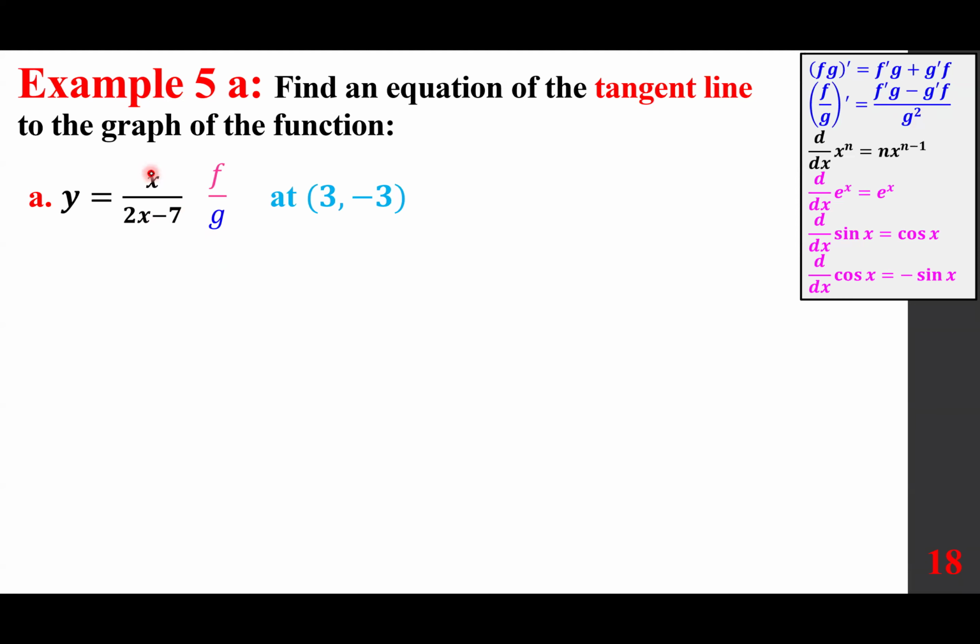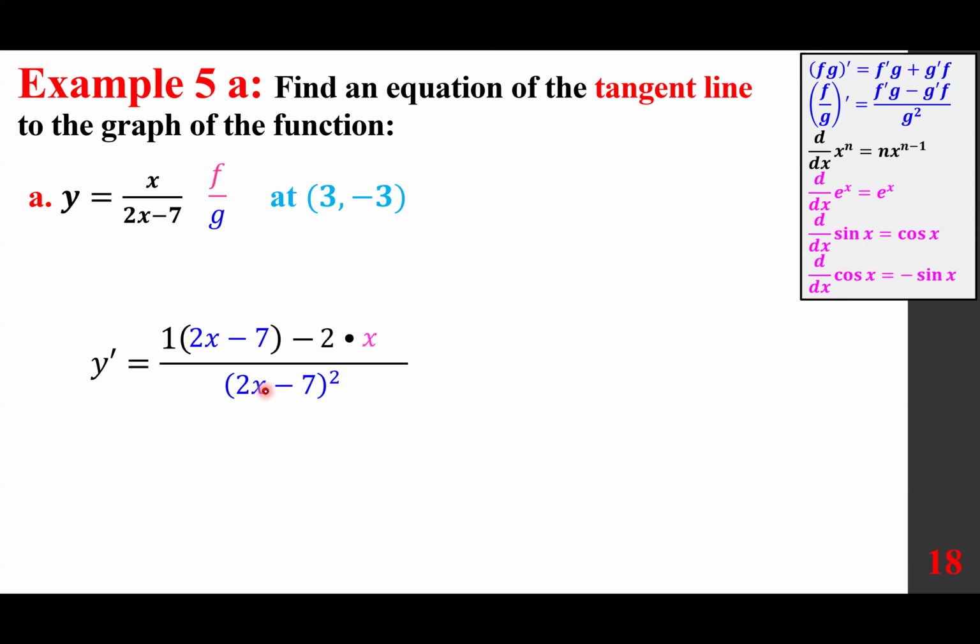So f prime is 1 times g, the denominator is 2x minus 7, minus g prime, the derivative of the bottom is simply 2, times f, the top function is x, and you put the bottom here and square it, 2x minus 7 quantity squared. And this is it as far as calculus is concerned.